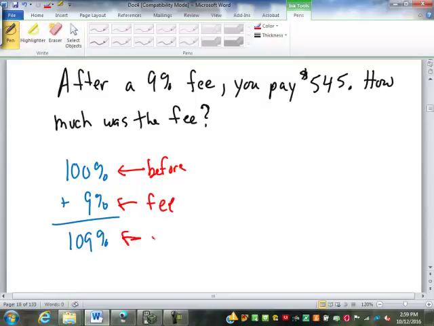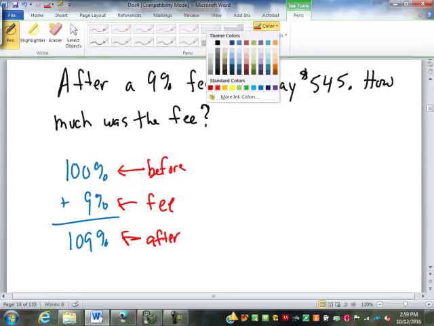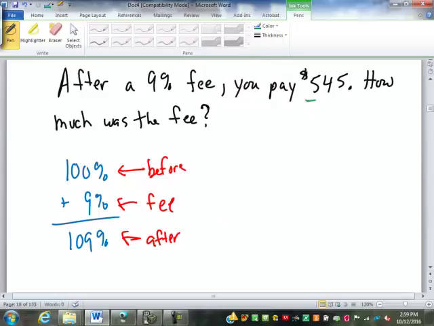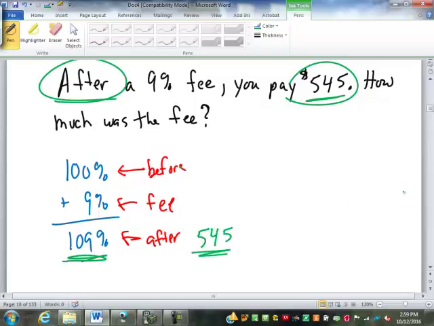And the 109% is the after. Is the $545, does that represent the amount before the fee or after the fee? After. So that represents the 109%.